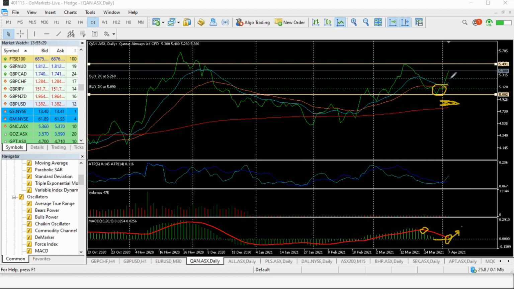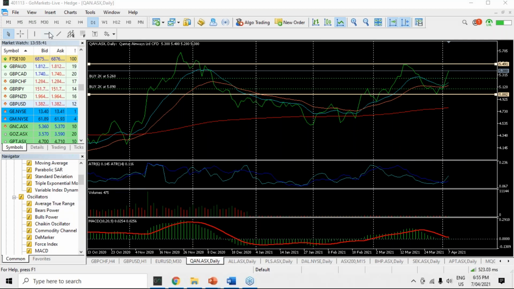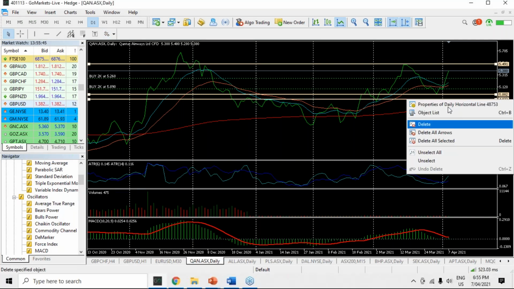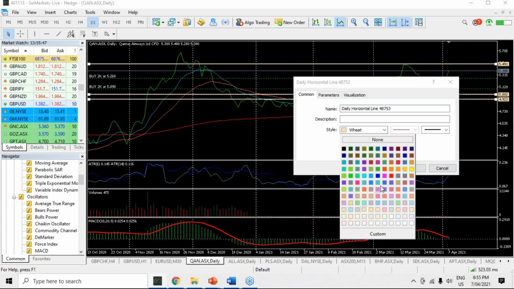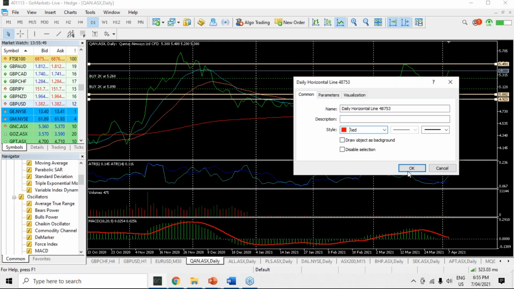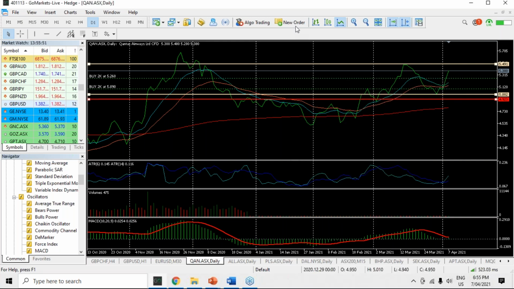So our first trail would be if it moved up. Sorry, I just removed all the drawings. Let's just put a stop line in there. Put it back on candles.